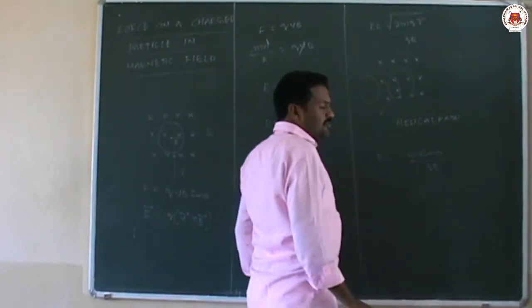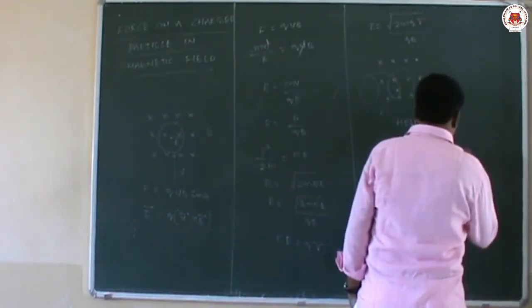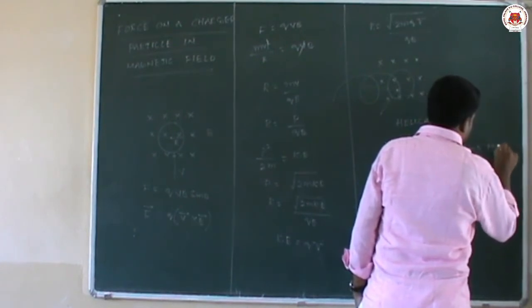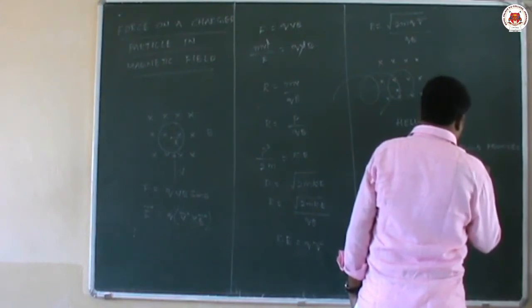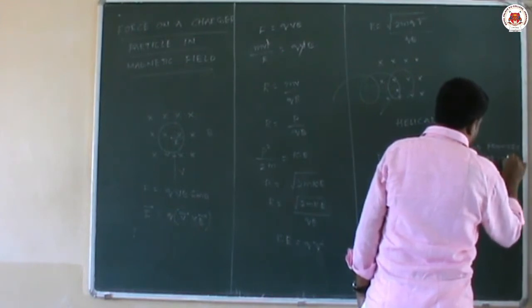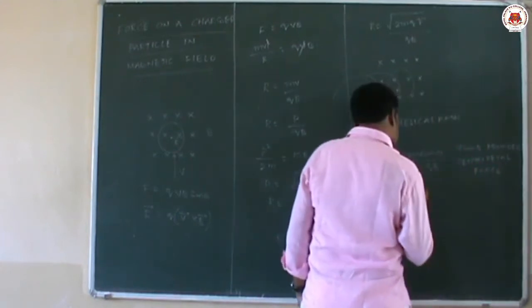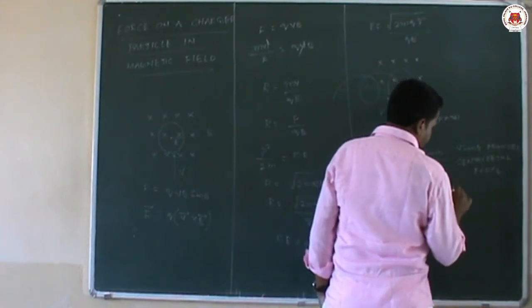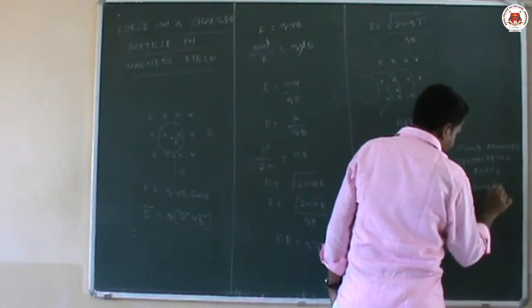Here, v sin theta provides the centripetal force, whereas v cos theta is responsible for horizontal displacement.